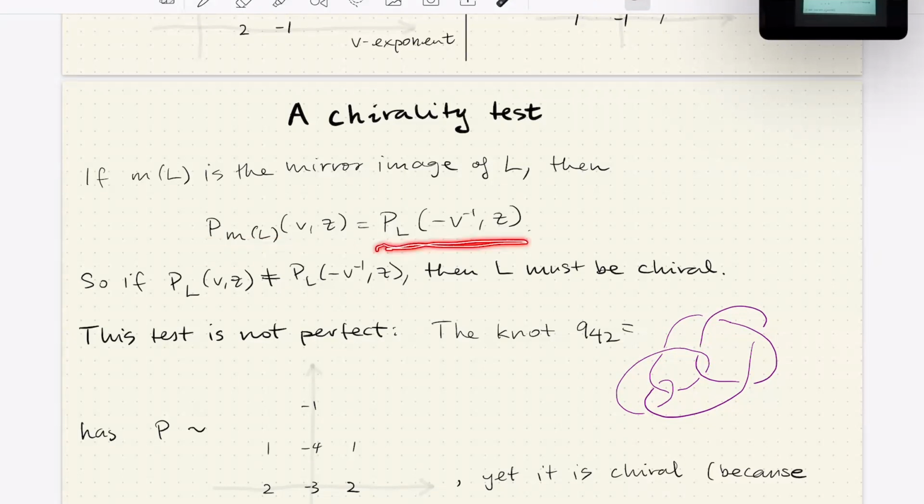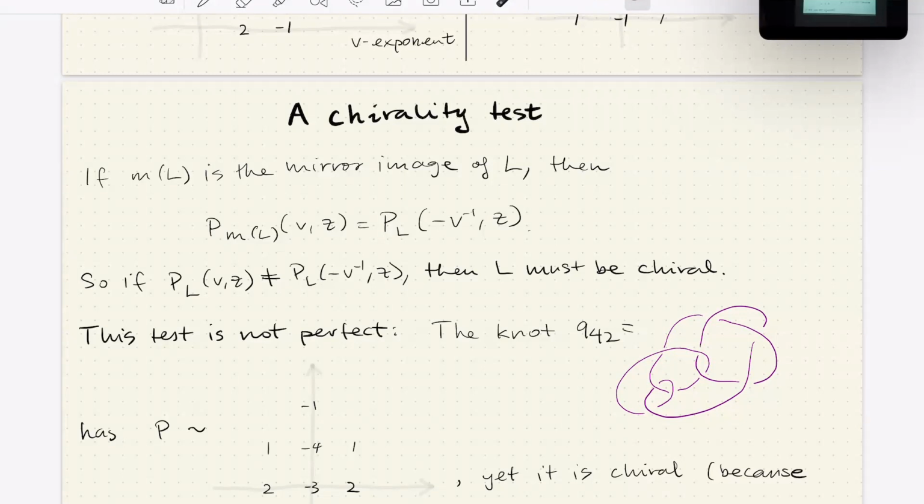It's the old Humphrey polynomial, except that instead of v, you have minus v inverse. A fairly simple transformation. However, such a transformation can change a polynomial, and when this happens, then you know L must be chiral. So it's kind of practical for that. But it's not a fail-proof test.